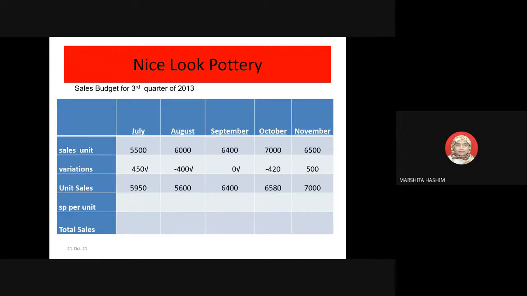So this is your unit sold, the forecast sales volume after seasonal variations: July 5,950, August 5,600, September 6,400. What about this column? Is it compulsory? No, this is only workings. You can include it here or calculate outside, because later you need this figure.